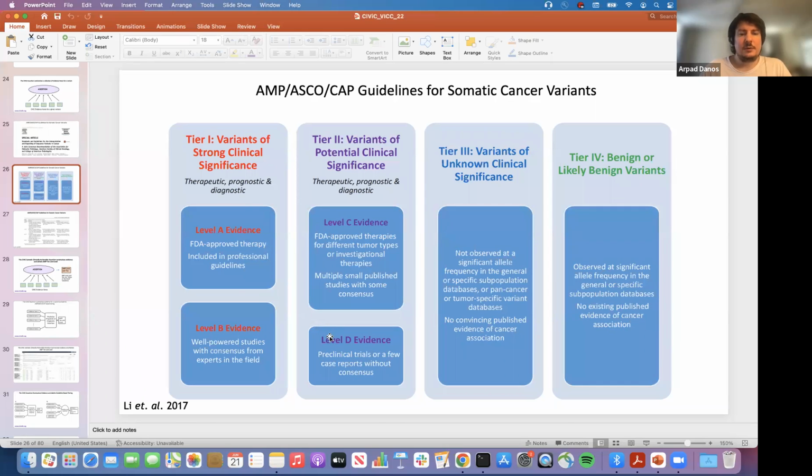But what's the difference here is that this is the field-wide way of thinking about it, because of what's actually known about the variant. In this case, if a variant is a level A approved therapy, then you're going to call that a tier 1 level A. And so this is an evaluation, the state of the field evaluation for the variant and disease.